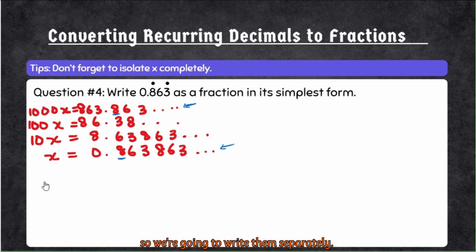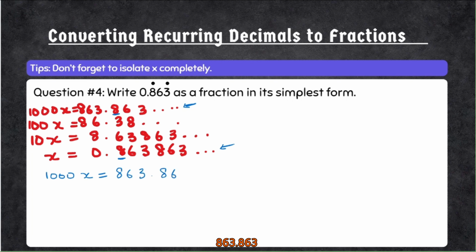So we're going to write them separately. 1000x is equal to 863.863 recurring, and x is equal to 0.863 recurring.